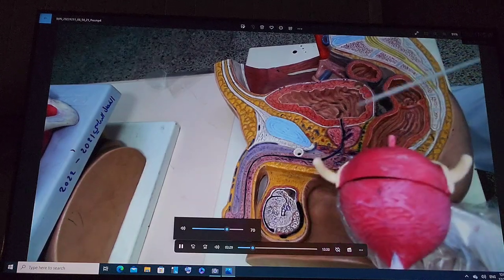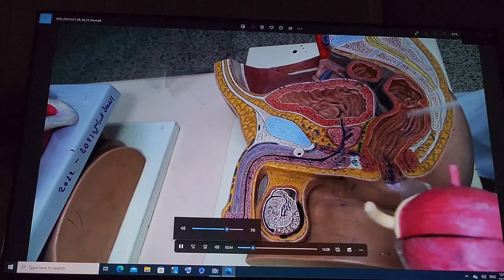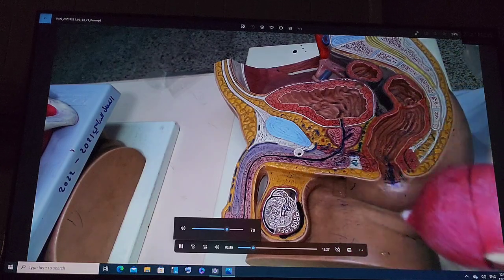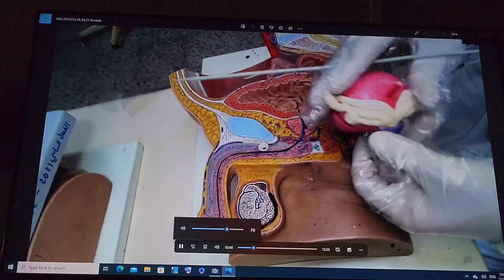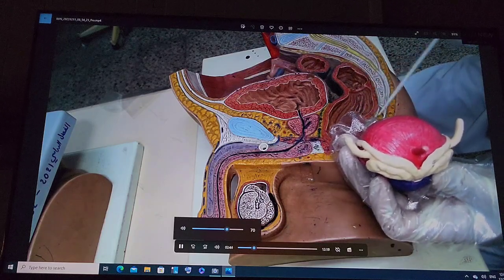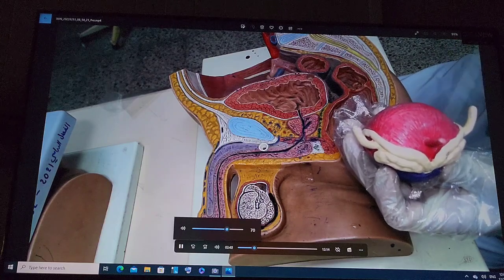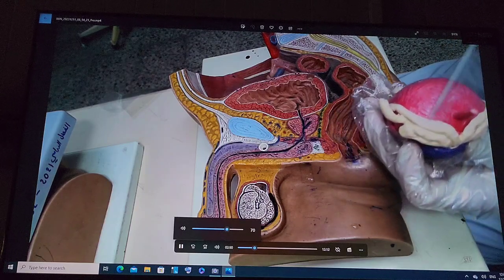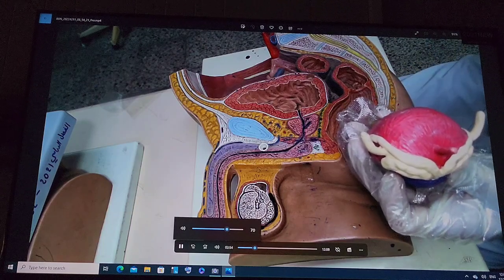The space between it and the rectum is called the rectovesical pouch. On the lower part of the posterior surface, as I mentioned, it is separated from the rectum by the vas deferens.